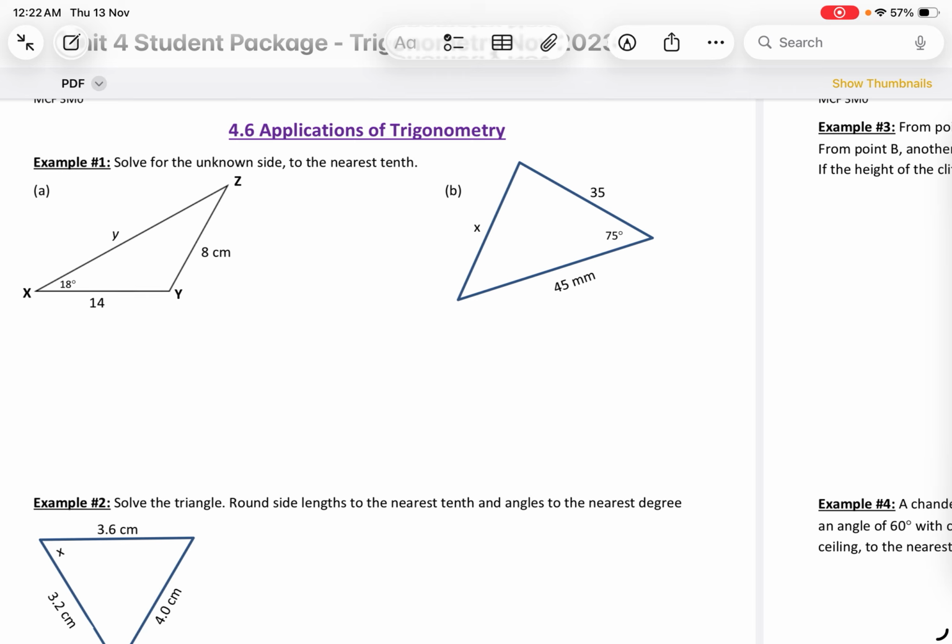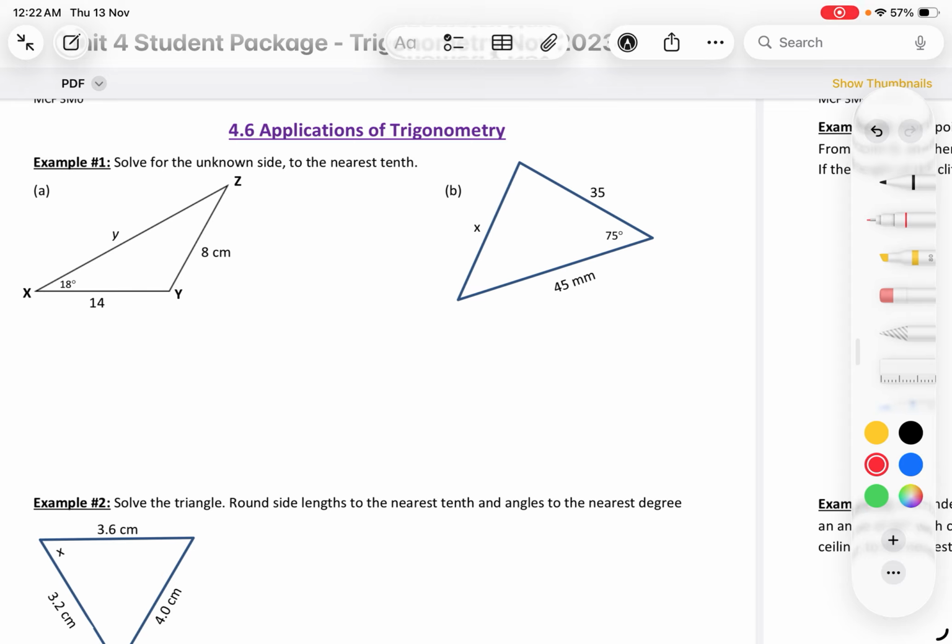So let me do the first one for you. I can write cos 18 is equal to (y square plus 14 square minus 8 square) over (2 into y into 14), right?